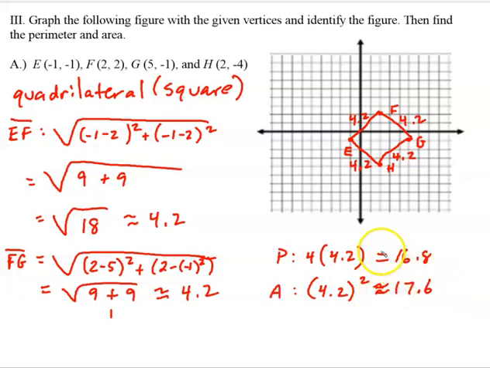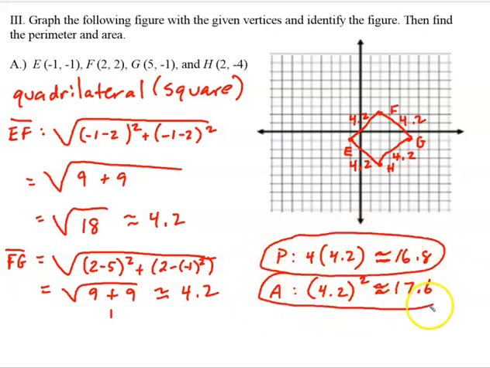I'll put approximately since we rounded these. So there's our perimeter answer, and there's our area answer. There's our classify, identify answer, and that's it. So that's the kind of thing that you'll be doing on the last block of problems in your assignment.